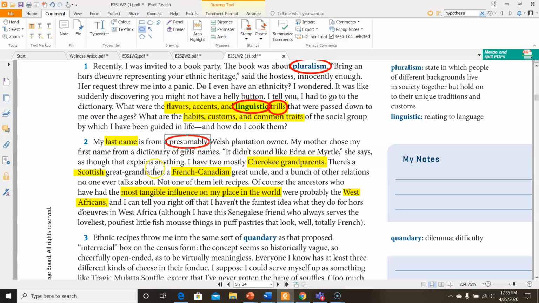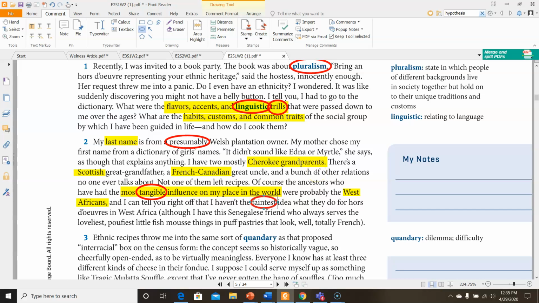We also have tangible. You may not know that word. You might not understand faintest in this context. I think that's pretty much it.